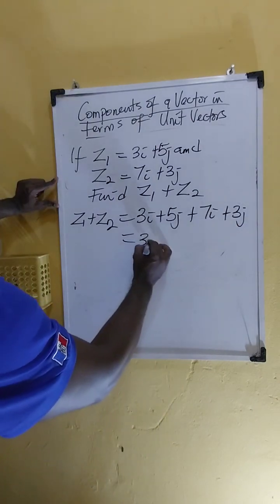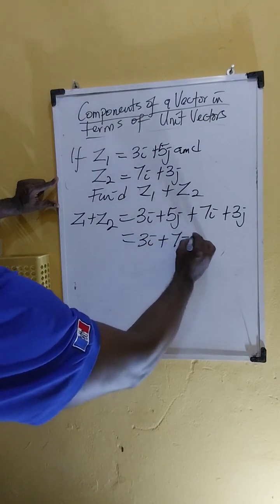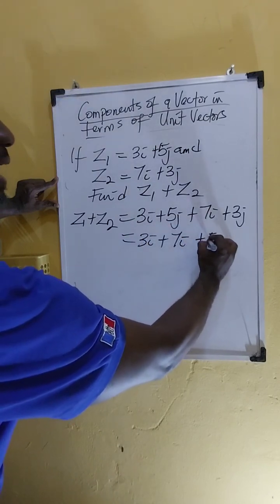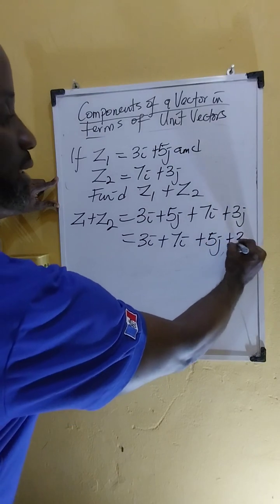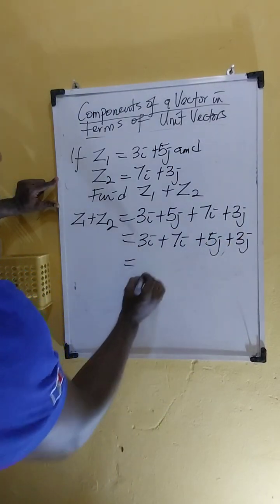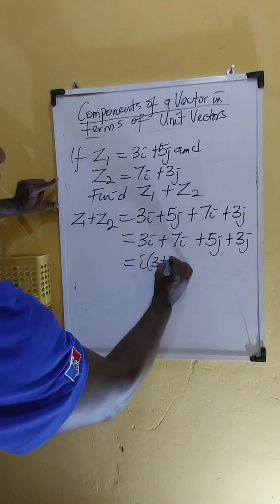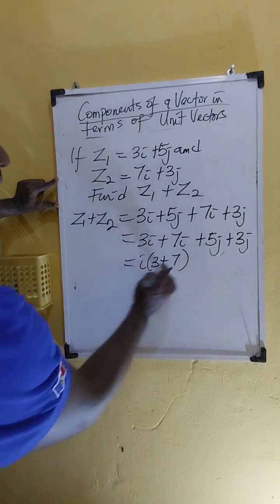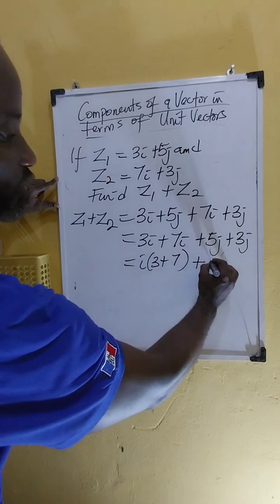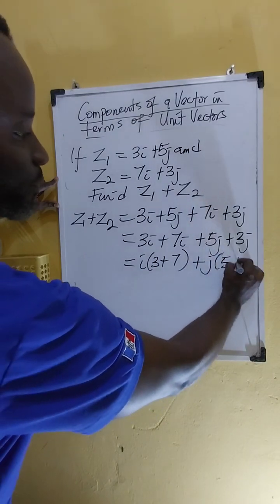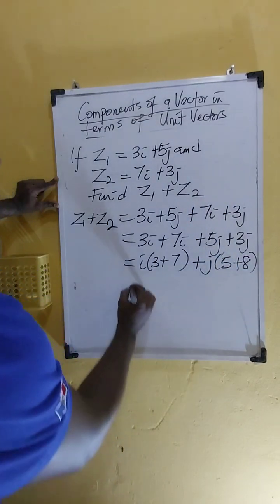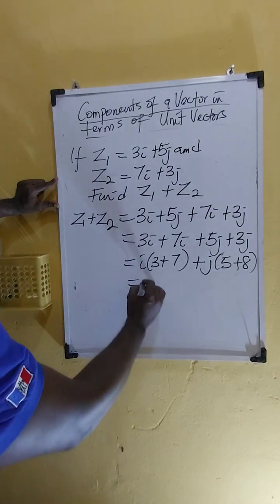So you bring 3i plus 7i plus 5j plus 3j. When you collect them together, you group it out: 3 plus 7, you take out the alphabet, plus j, 5 plus 3.